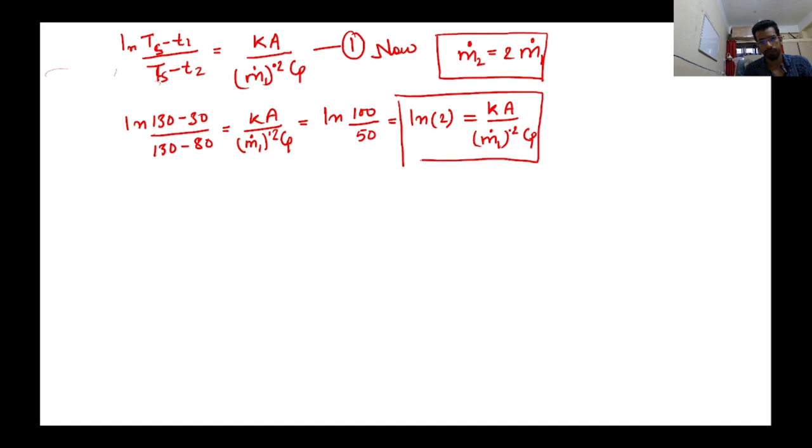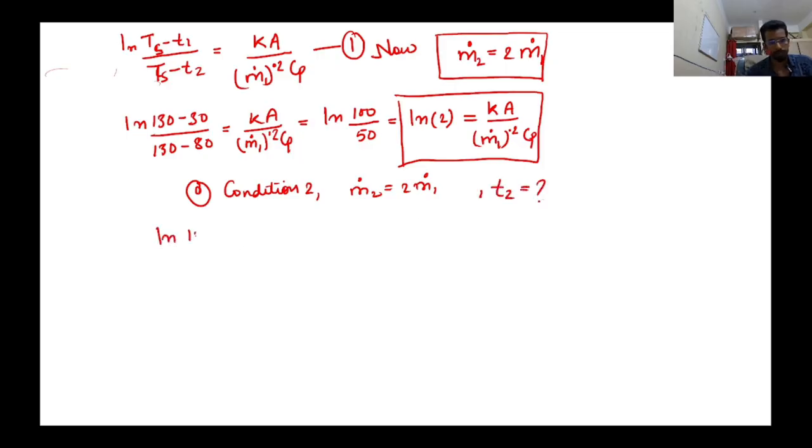Now at condition 2, m2 is equal to twice m1. Only the mass flow rate is changing, everything else is the same. So we have to find the new T2 at steady state.